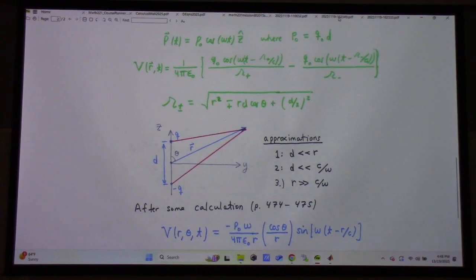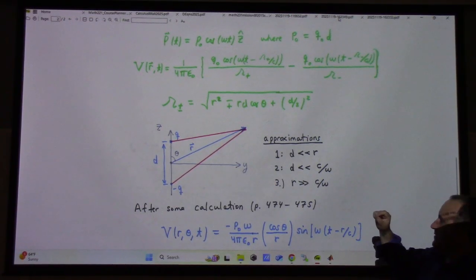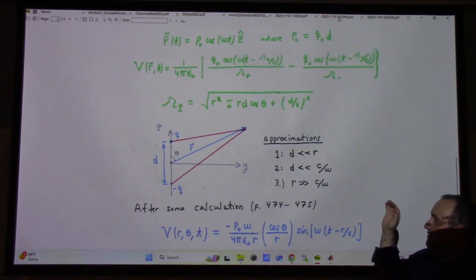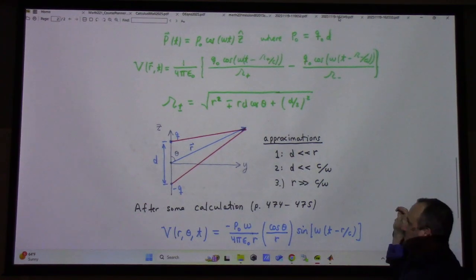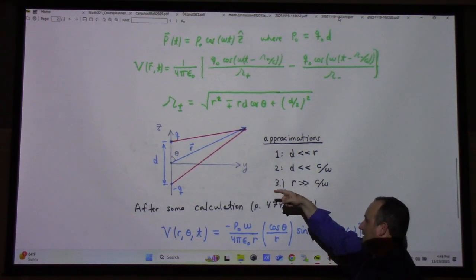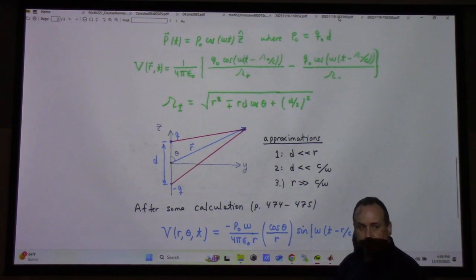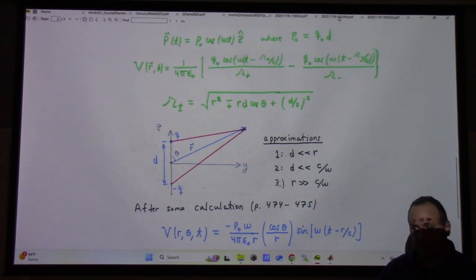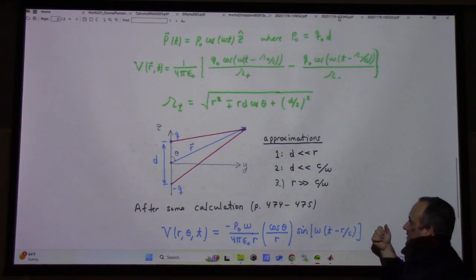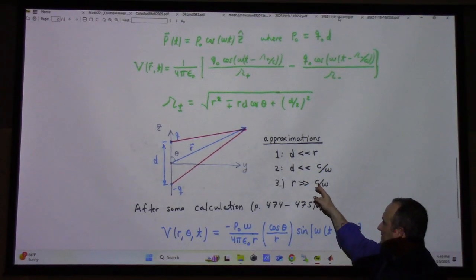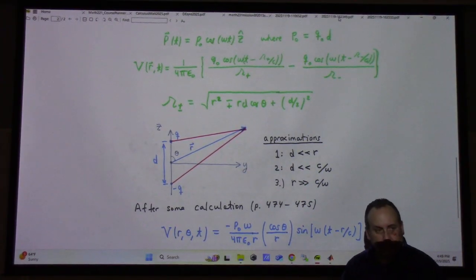Griffiths then sets forth 3 approximations. He says we're going to look at the case that the size of the dipole is much, much smaller than the distance to the field point we're observing. Also, the length of the dipole is much, much smaller than c divided by the frequency of the radiation. Another assumption. And then a third assumption is that the field point we're looking at is much, much further away than c divided by the frequency.